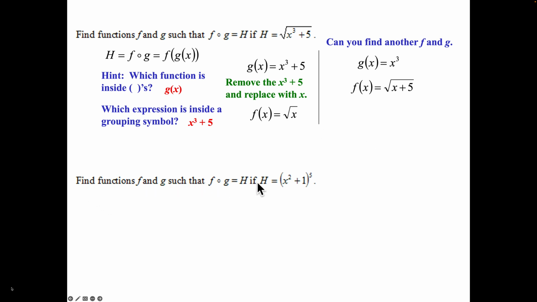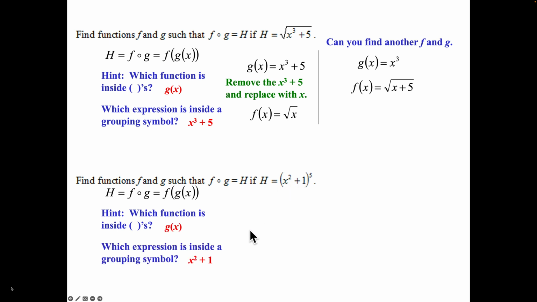Down below, same concept. Now my capital H is x squared plus 1 all to the 5th power. G of x, again, is my inner function. So whoever is inside my grouping symbol, parentheses, x squared plus 1, that's my g function. Take out all of x squared plus 1, replace it with an x.